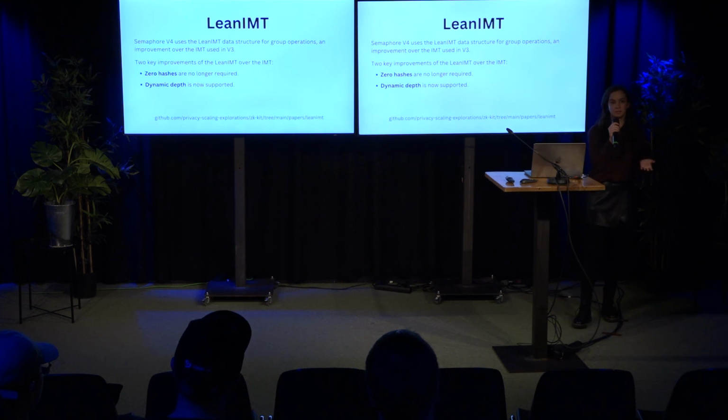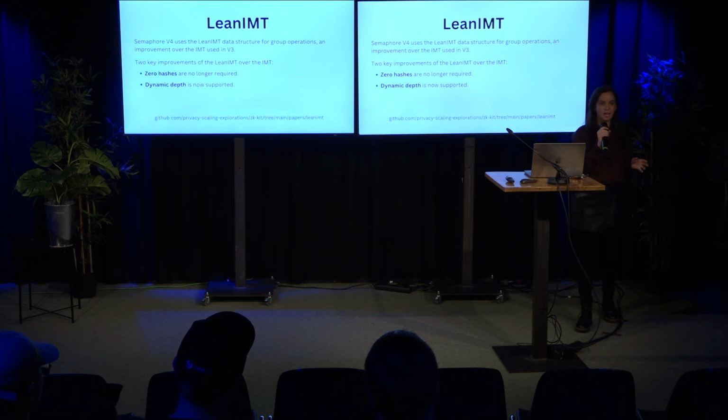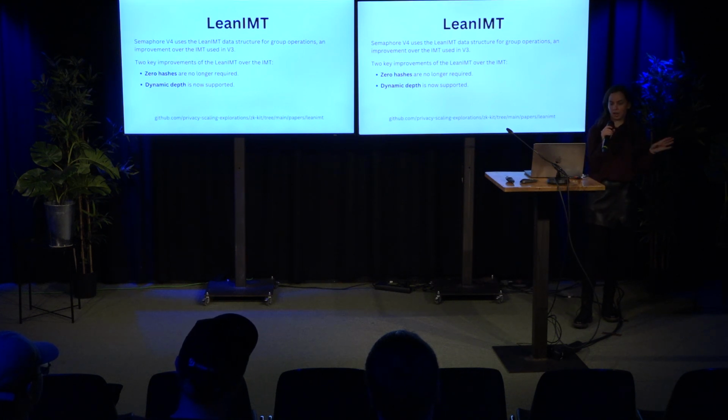The Lean Incremental Merkle tree is the new data structure we are using for the group operations. And this is an improvement over the incremental Merkle tree that was used in version 3. It has two main improvements over the incremental Merkle tree used before. There are no more zero hashes.